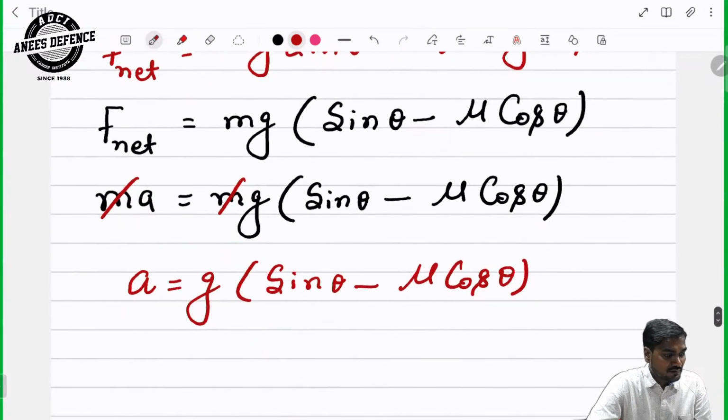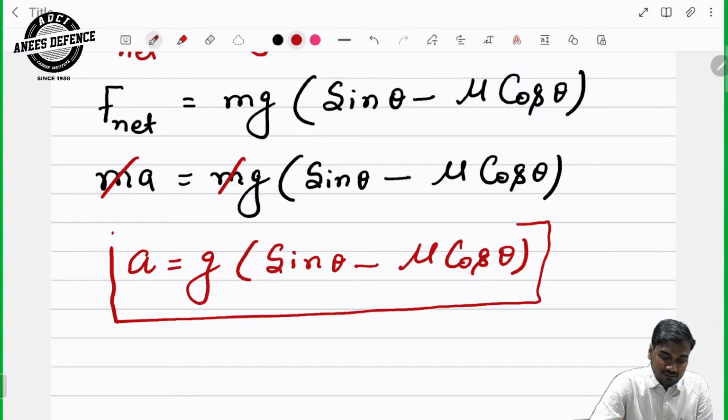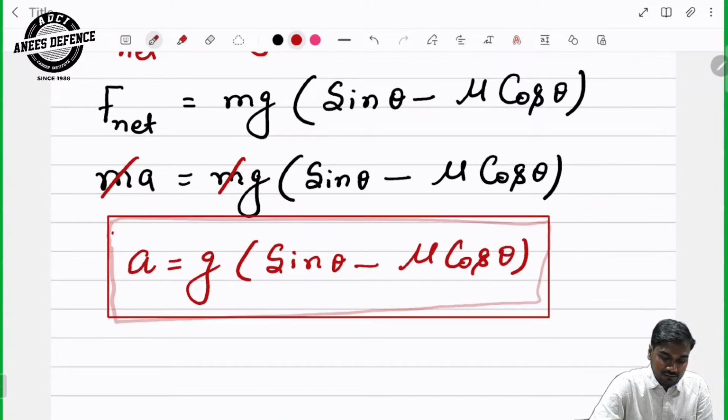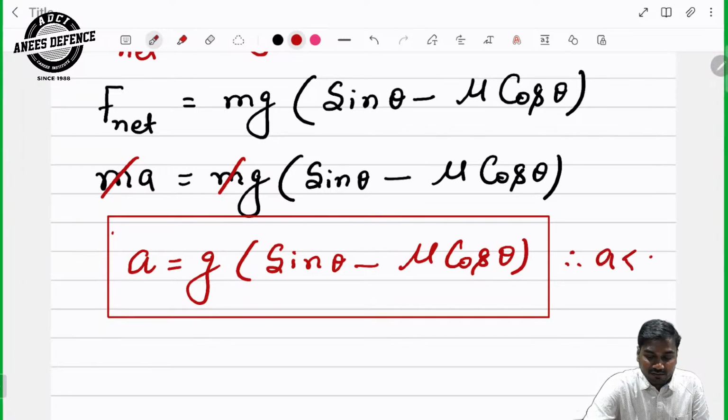Is it clear? Yes, sir. You are getting acceleration equal to g times sin theta minus mu cos theta. Hence, the acceleration is less than g.